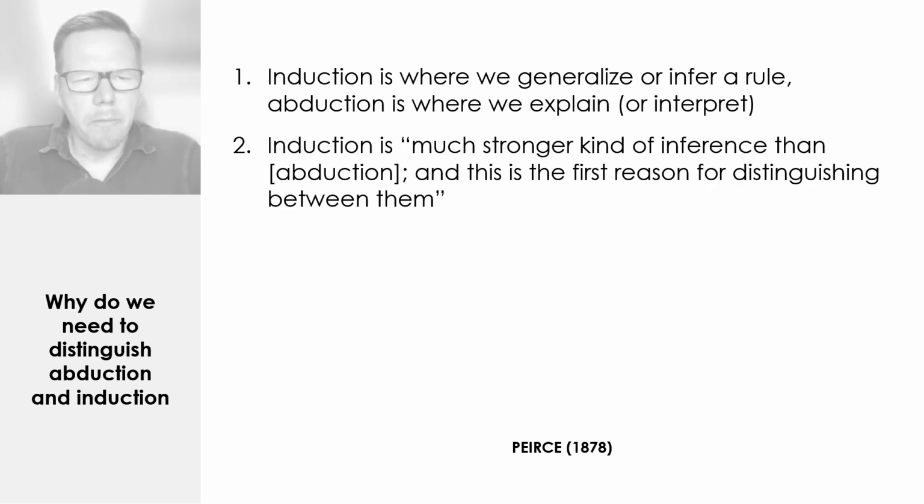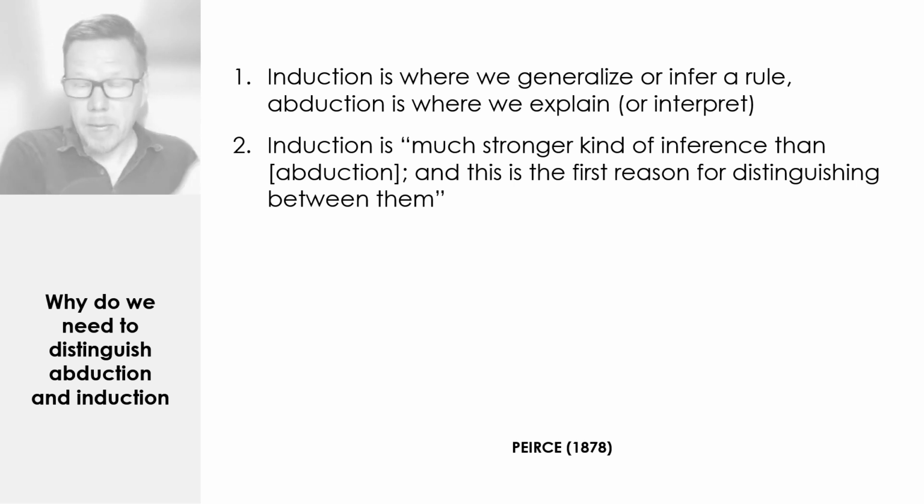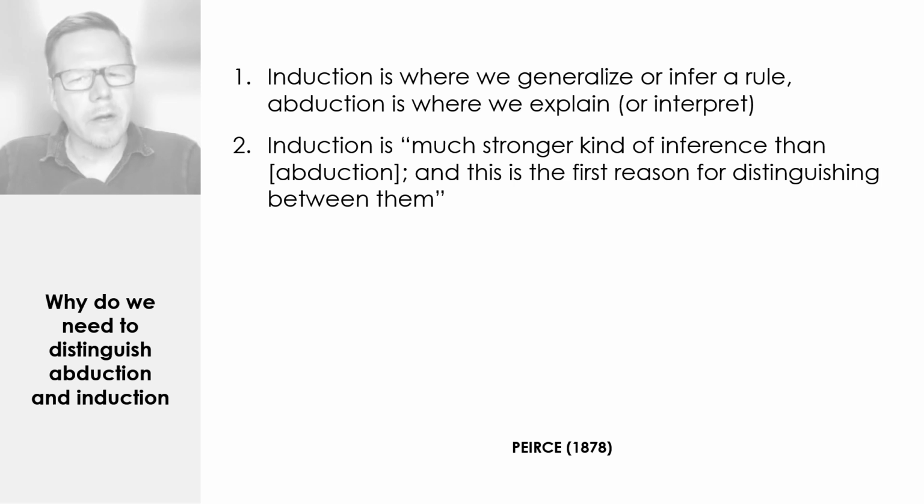This is the most important reason that Peirce himself gave to making the distinction. He noted that from a logical point of view, and I made this point in the lecture as well, induction is a stronger kind of inference than abduction. So, if we mistakenly believe that something that is abduction is induction, we are overplaying a reasoning hand.